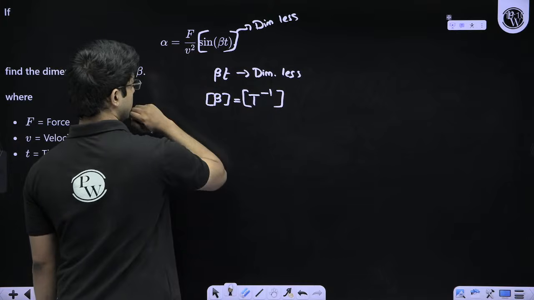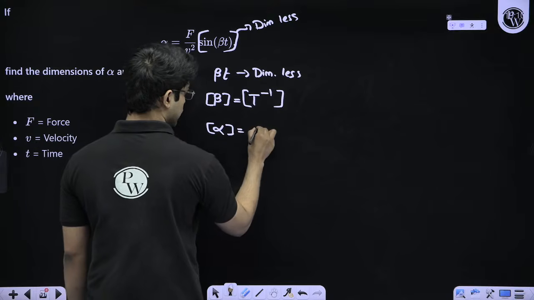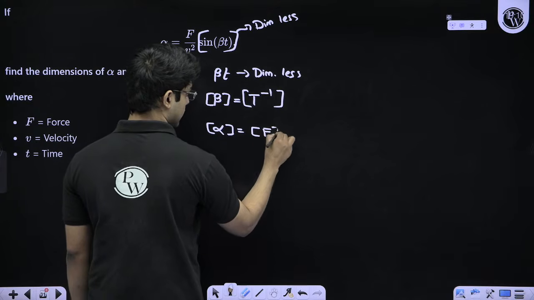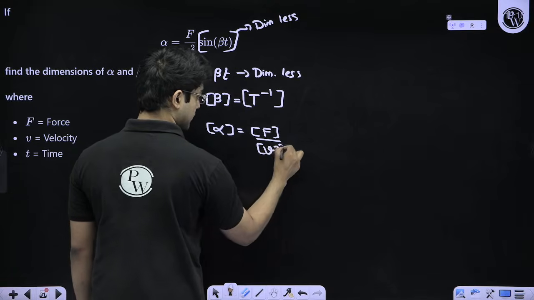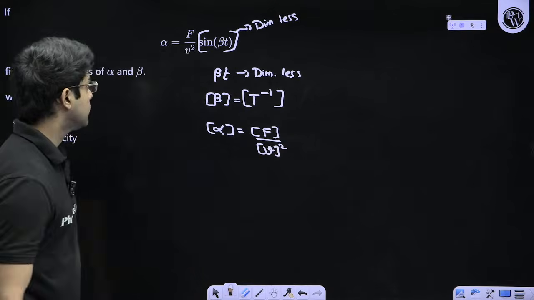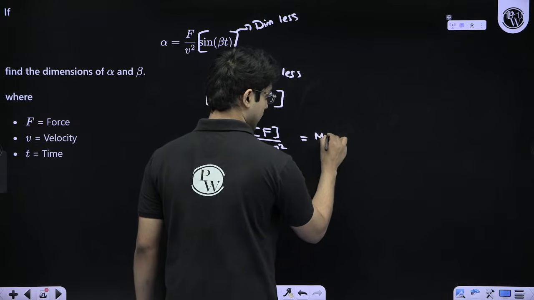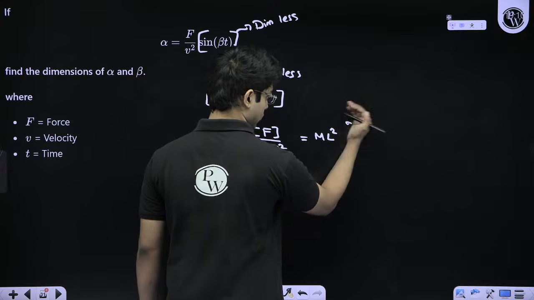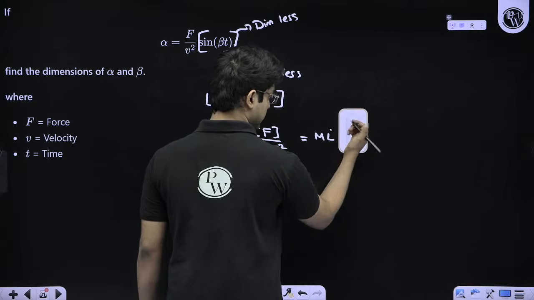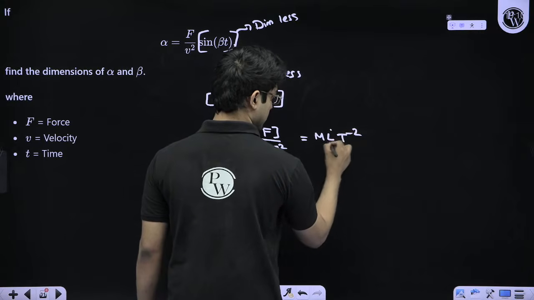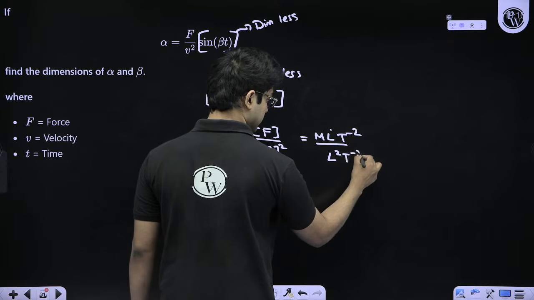Now we can find alpha. Alpha's dimension will be the dimension of force divided by the dimension of velocity or speed square. What is the force dimension? MLT raised to minus 2, there won't be a square here. And for speed square, it is L square T raised to minus 2.